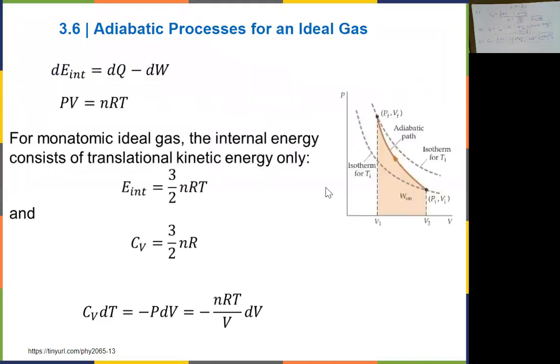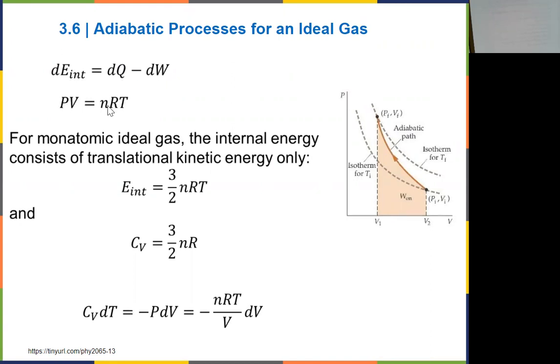All right. So next we'll be looking at an adiabatic process for an ideal gas. Okay. So we'll start with the differential equation here. The derivative of internal energy is equal to the derivative of Q minus P dV. And then because this is again an ideal gas, you can always write PV equal to nRT.